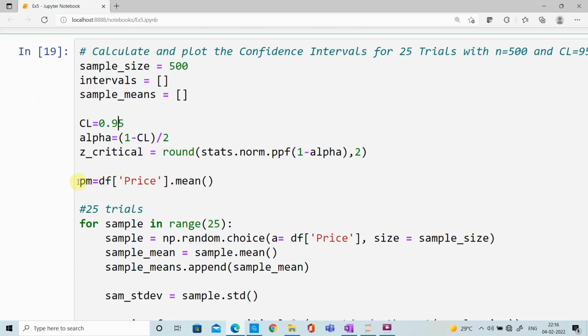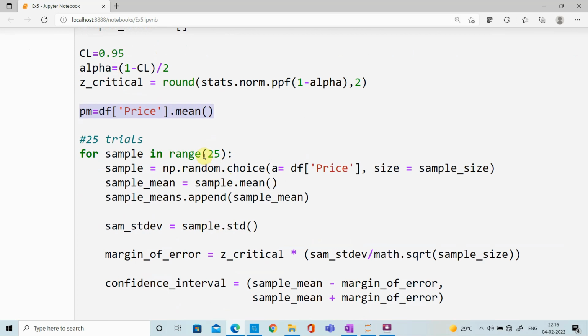And we are calculating the population mean, because we are going to ensure that even though I am doing the experiment 25 times, 95% of the time my population mean will lie inside the confidence interval. That only we are going to prove. So we put a for loop for repeating 25 times.